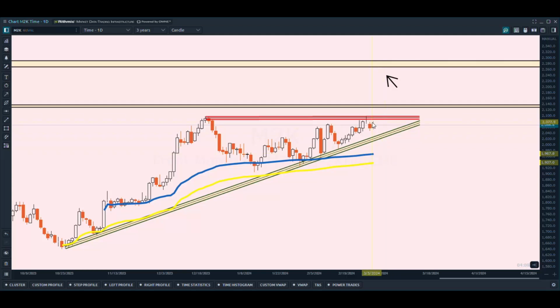If you get a daily close below the bottom of this ascending triangle support zone, then the bear thesis is triggered for a downside move to potentially test this particular VWAP here, this blue line. Notice that this has been an important area multiple times as price has continued to hit these higher lows. And so that's really how you can establish both an upside target or a downside target if you do get the instance where you do have an ascending triangle break to the downside instead of the upside.